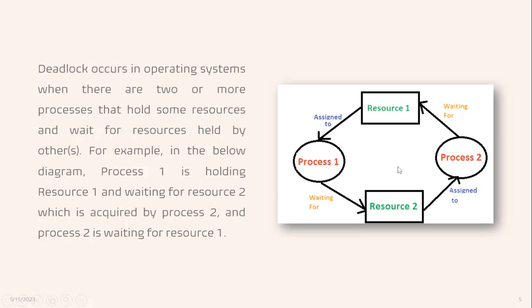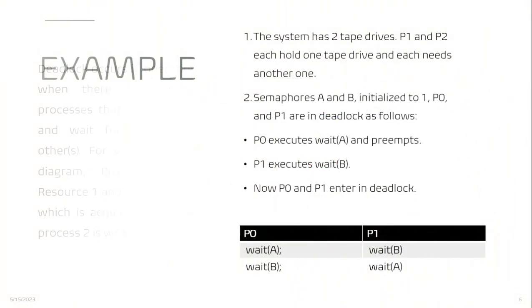But the problem is that process 1 is waiting for resource 2 to get executed and process 2 is waiting for resource 1 to get executed, and because of this none of the processes can get executed because each process holds a resource and needs the other resource as well. So this is not possible and thus the processes cannot get executed, which results into deadlock. So this is in terms of operating system.